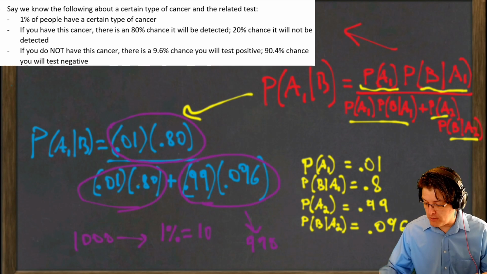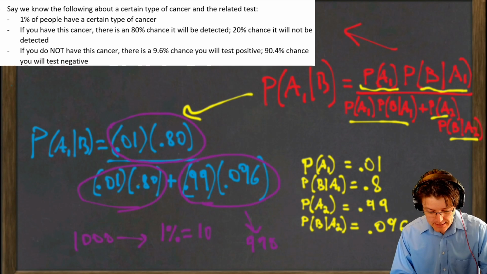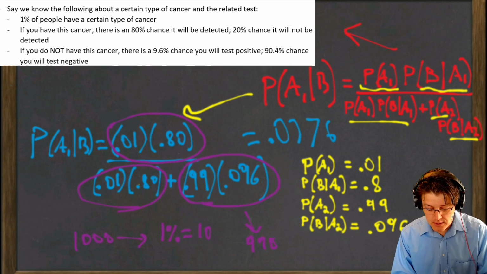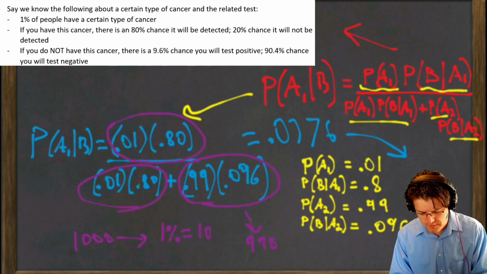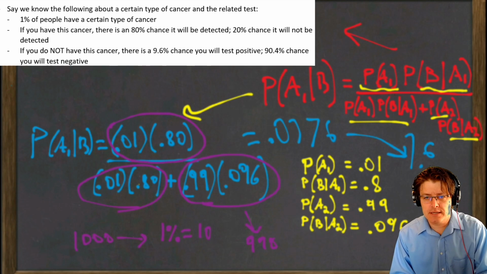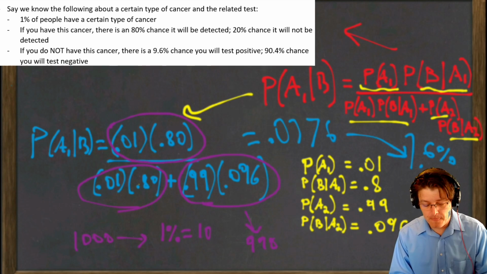And so we can crunch that number. If you do that, let me just write it down. If you do all this math, you get something like 0.0776, or just to make it more confusing, over here, 7.6% chance.